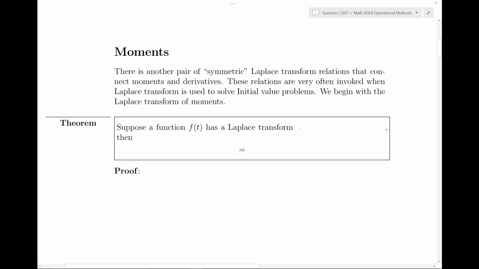As usual, we're going to assume that f of t possesses a Laplace transform, and so when we take a Laplace transform of t to some power n times f of t, the result is the n-th derivative of the Laplace transform with (-1) to the power n in front of it.